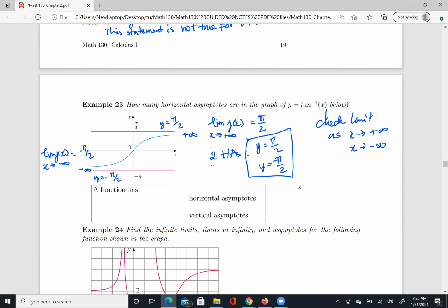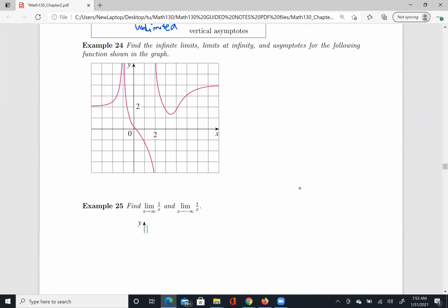And the note down here is that a function has at most two horizontal asymptotes. You can never have more than that. And for the vertical asymptote, we can have unlimited vertical asymptotes. Okay, so let's move up.